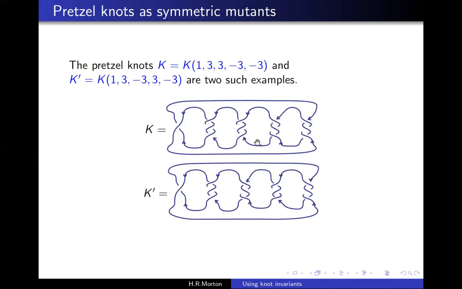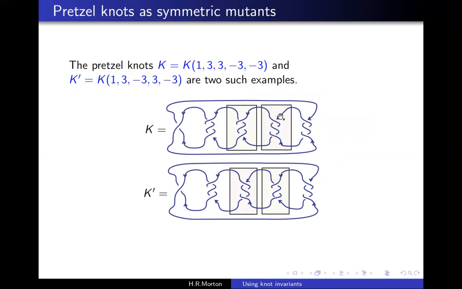On the top is the pretzel knot K(1, 3), that's 3 twists, looking right-handed, left-handed, left-handed. And in the second one, I've swapped over these 2 boxes. To make it look like the picture of the A and B, you ought to imagine this turned through 90 degrees.